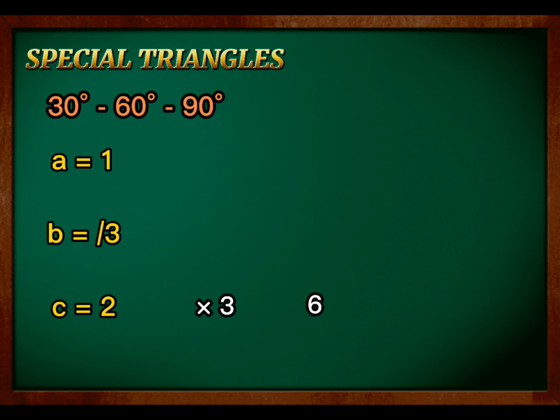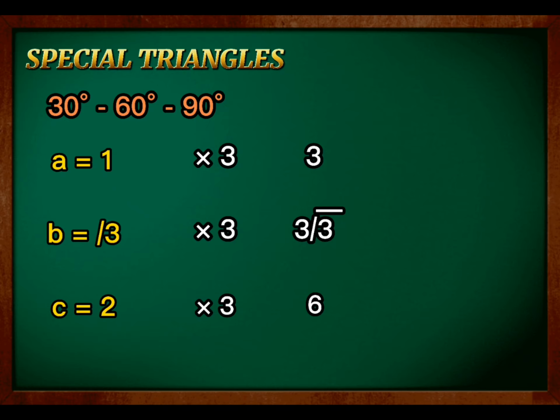So we also multiply the original measurements of side A, 1, and side B, square root of 3, by 3. Now we can get the other two sides with the hypotenuse 6. When we multiply 1 times 3, side A is 3, and when we multiply square root of 3 by 3, side B is 3 square root of 3.